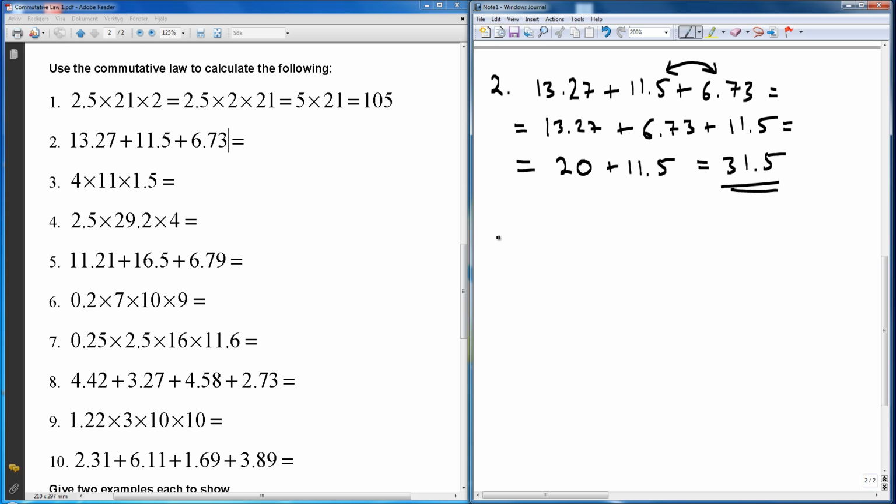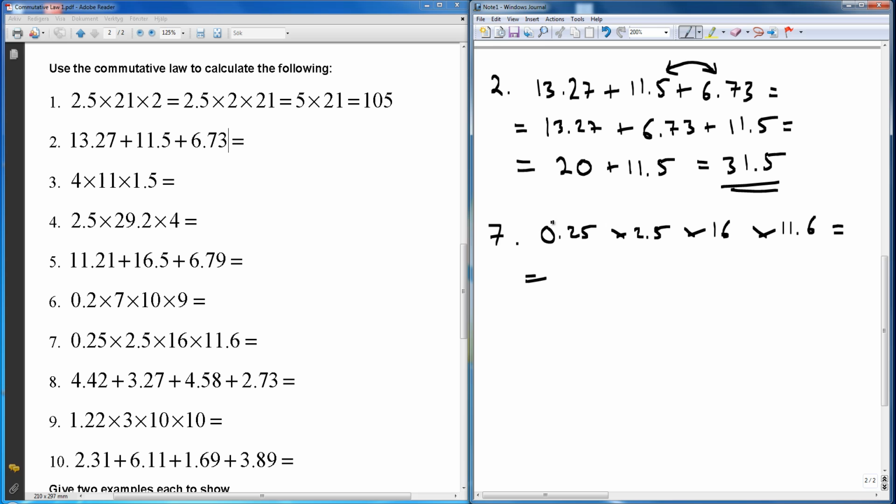How about number 7 with multiplication? 0.25 times 2.5 times 16 times 11.6. If you don't want to write it out like this, you can just decide which ones you want to use first.